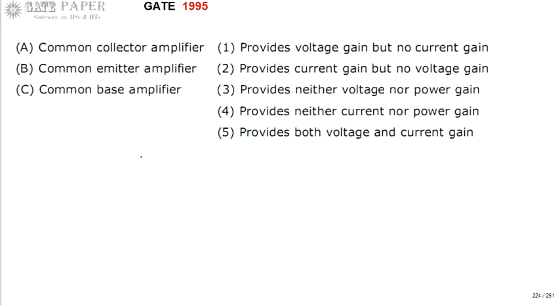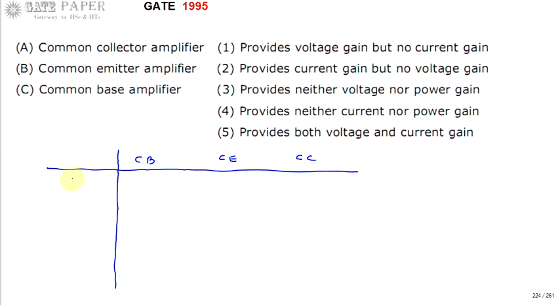So we know that this is common base, this is common emitter, and this is common collector, and I am going to compare these three amplifiers with respect to different aspects. First one is input impedance Ri or Zi.